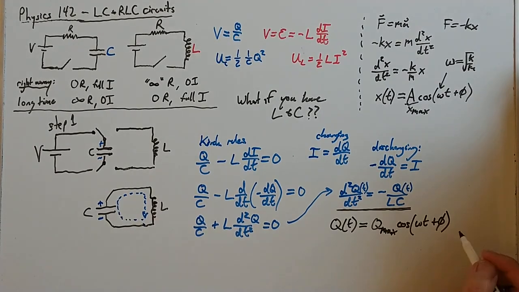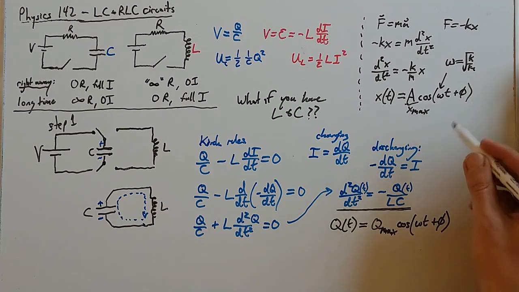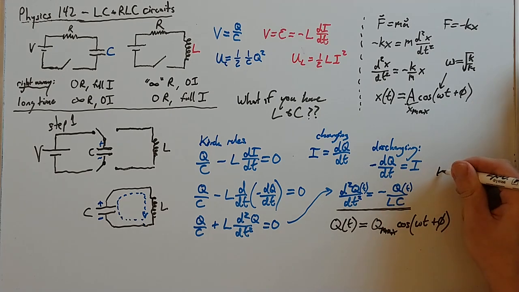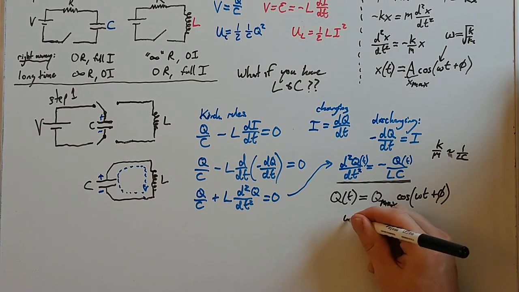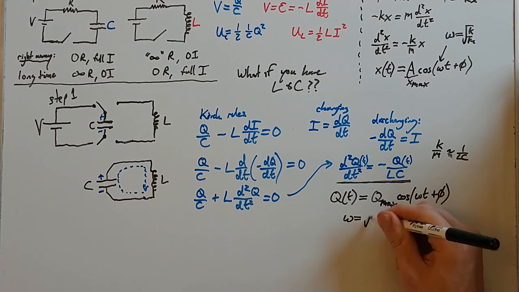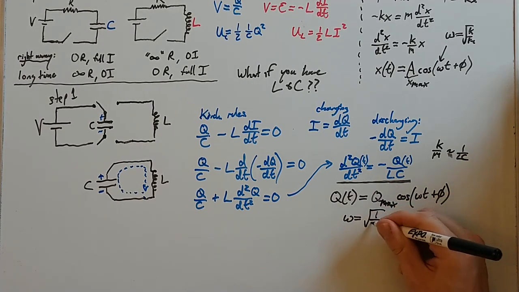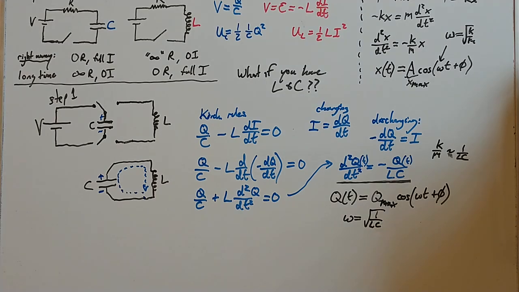Well, if we notice here that k over m is functioning similarly to 1 over LC, then the new omega, I'll move my board down to get a bit more room, is going to be the square root of 1 over LC. And so what we've arrived at here is that if you put a capacitor and an inductor together in a circuit, what you end up getting is a system that oscillates back and forth.